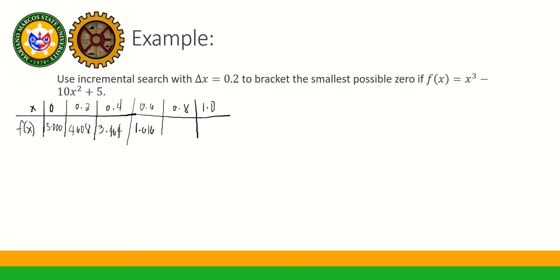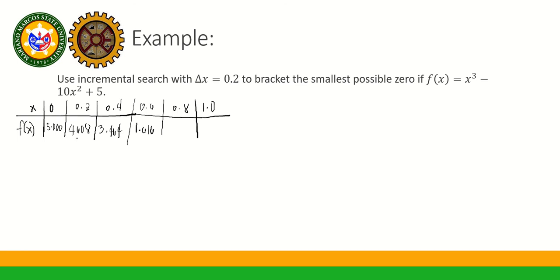Okay, remember kailangan lang natin na mag-change yung sign ng ating f of x. Okay? So, etong mga values na to, hindi natin kailangang pag-interesan. Kasi ang interest lang natin dito, ang kukunin lang natin is yung change of signs. Okay?